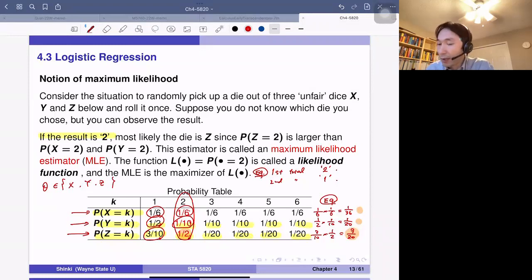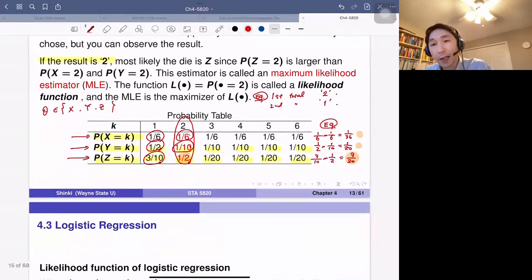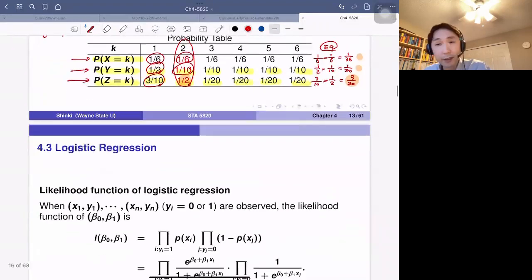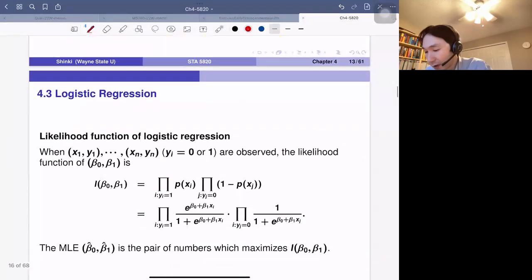So in this way, we can estimate the parameter. In this case, the estimate theta hat is equal to Z. So this is the idea of likelihood. We see the family of probability distributions in a different direction.